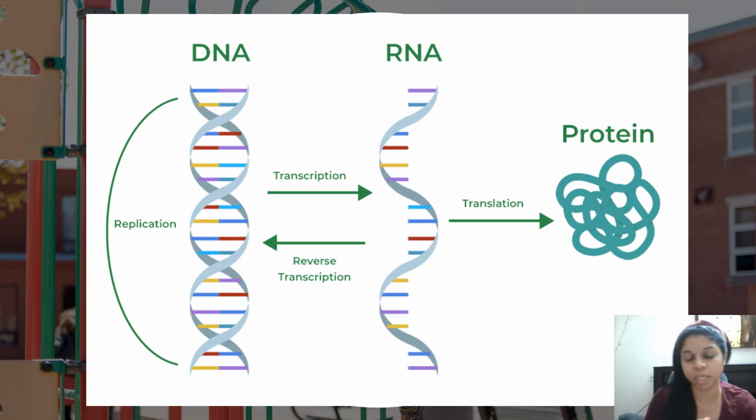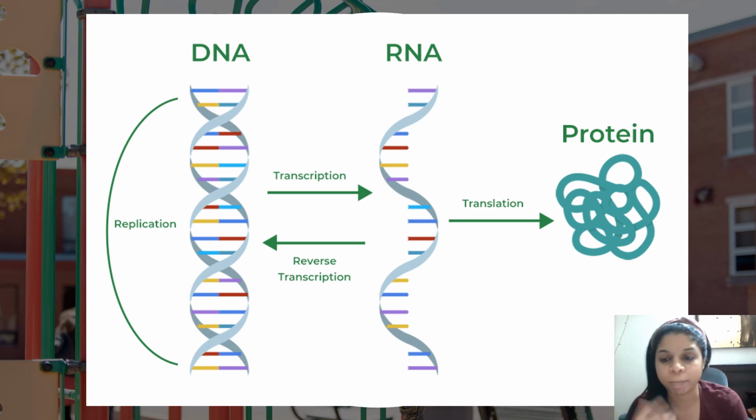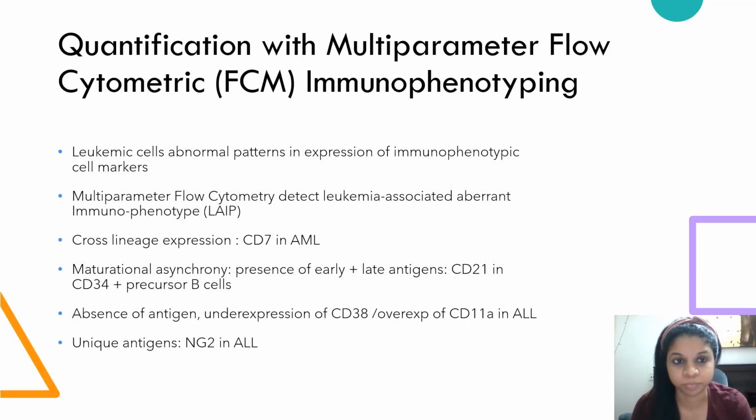You can take any level to detect. So these techniques take the detection at certain levels. Flow cytometry works at the protein expression level, fusion transcripts are detected at the mRNA level in RQ-PCR, and immunoglobulin and T cell receptor rearrangements are detected at the DNA level.